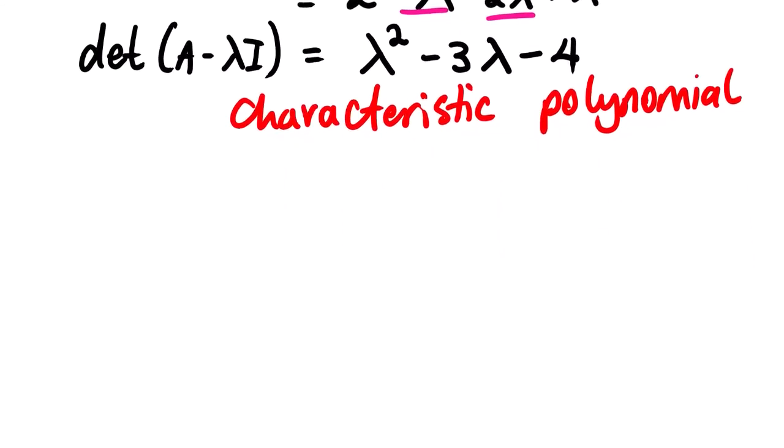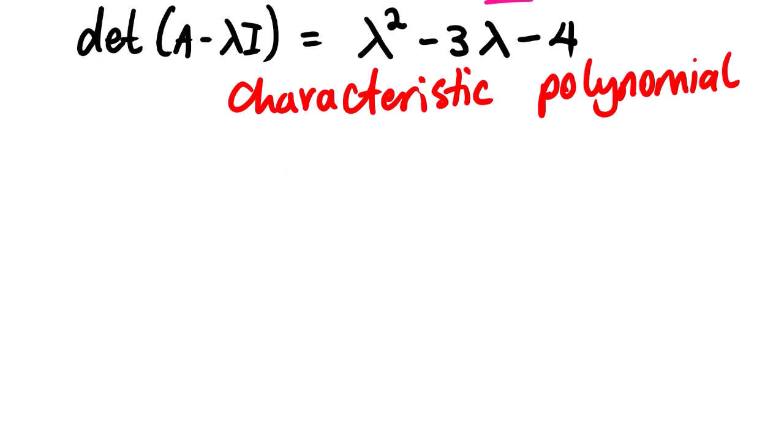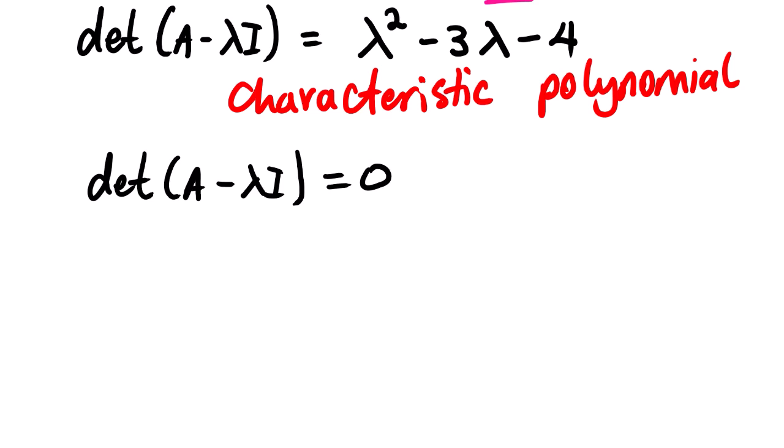Our next step is to find the characteristic equation. It's pretty much simple. The characteristic equation is the determinant of A minus lambda I, our characteristic matrix, which we equate to 0.